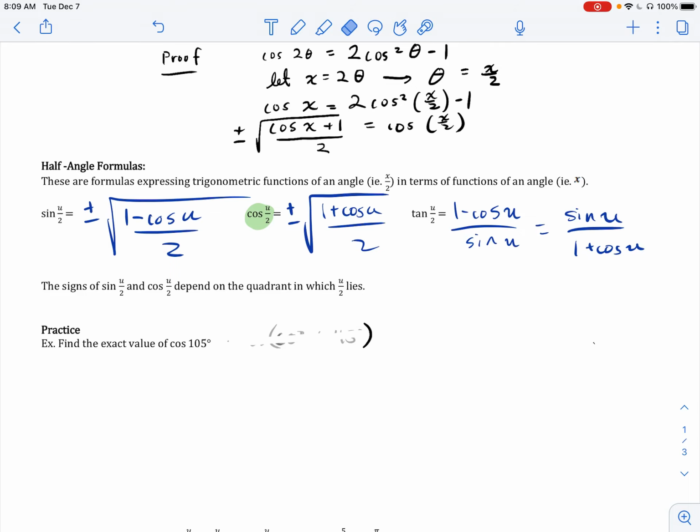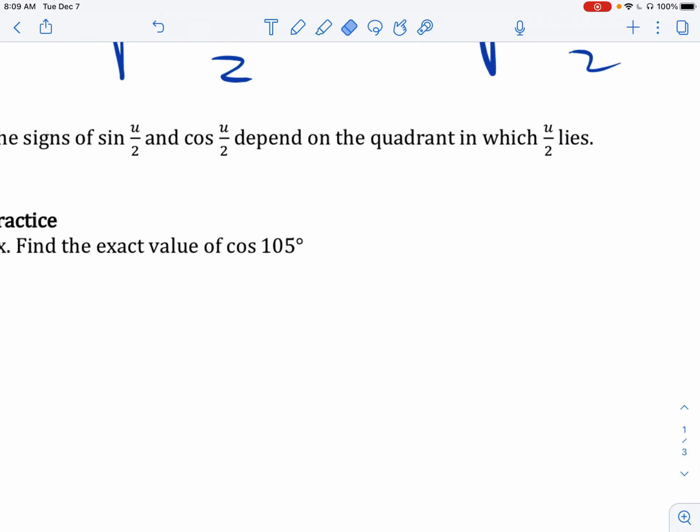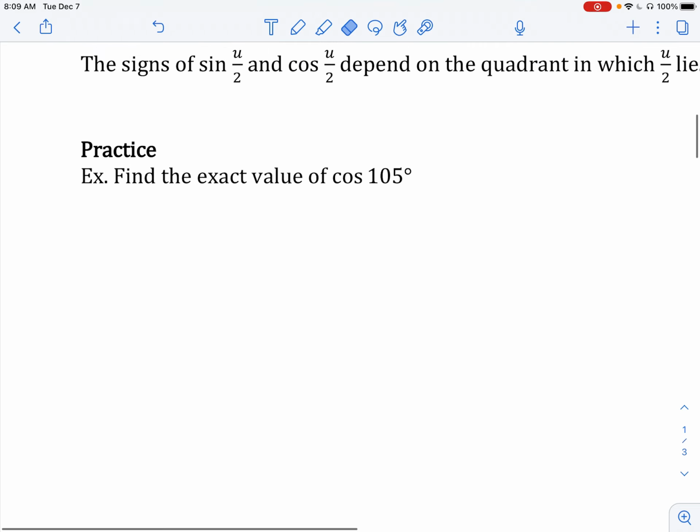But alternatively, let's treat 105 degrees as if it is half of some larger angle. That is to say, 105 degrees is going to be our u over 2. And so 105 degrees is half of what angle? We would say u is equal to 210 degrees. It's double whatever 105 was.